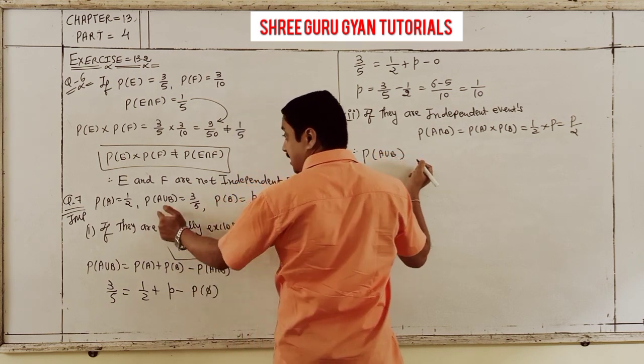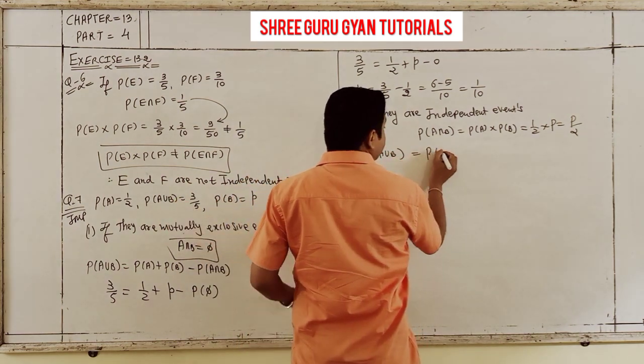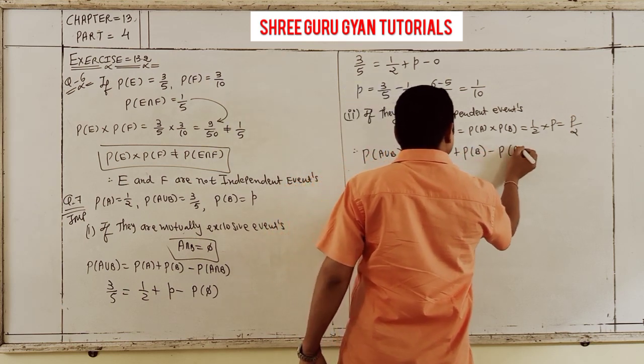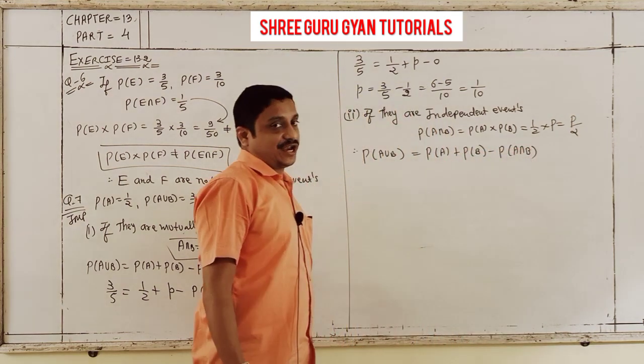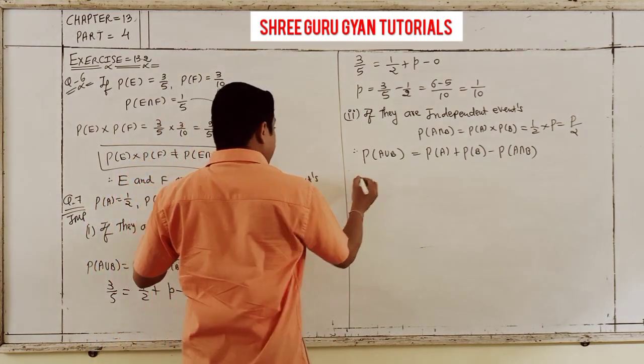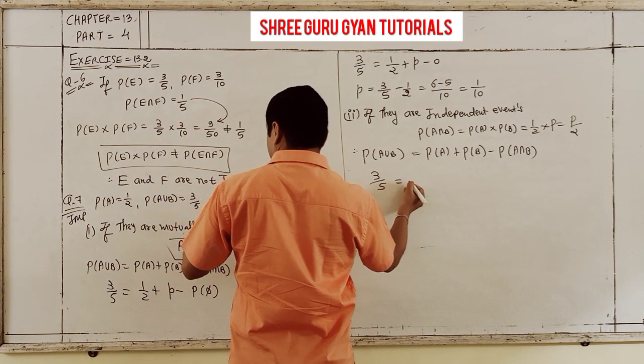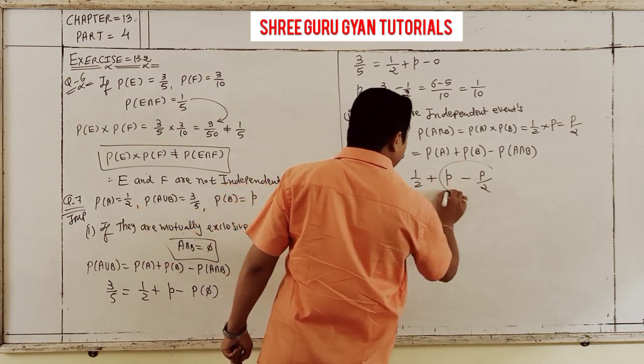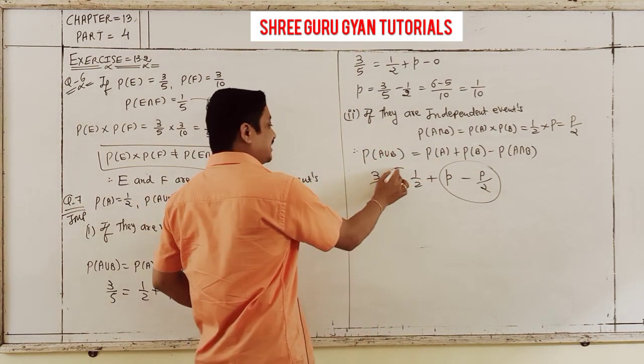According to the given values, students, PA plus PB minus P of A intersection B equals P of A union B, which is 3 by 5. P of A is half, P of B is small p, and that is small p by 2. Take that to the left side.